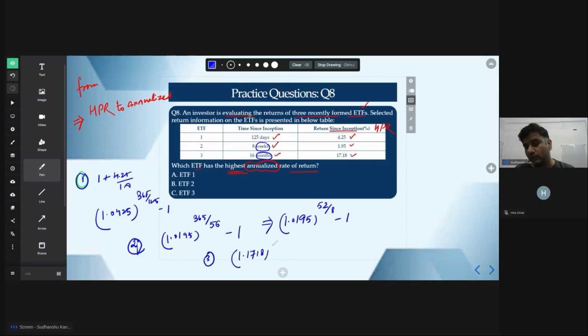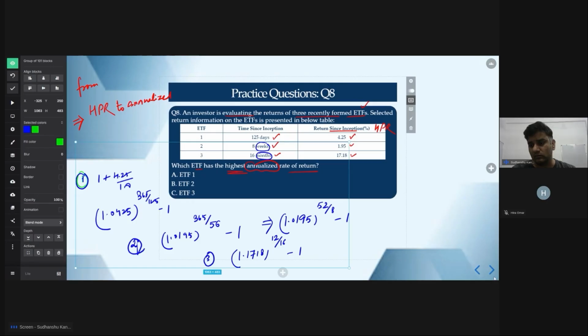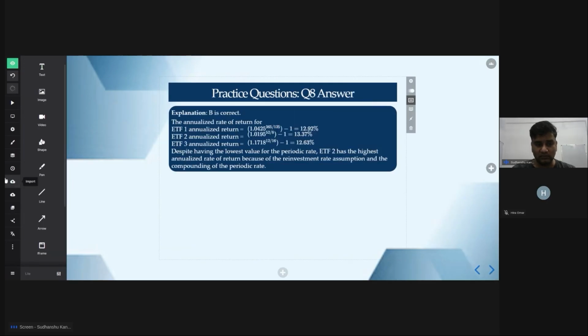Now, how many months do we have in a year? We have 12 months, but we have 16 months here. So 12 by 16, and minus 1. So don't think that the denominator will always be small. There's no logic like that. Depending on the period we have, we'll just put it in and calculate. So just understand that's the logic.